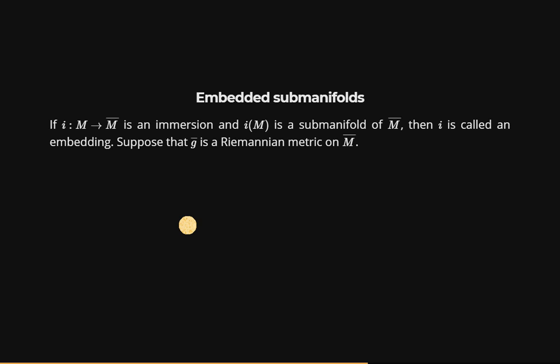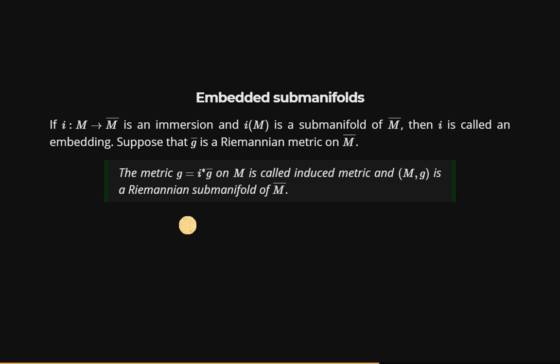Suppose that you have G bar, which is a Riemannian metric on M bar, so the big space has the Riemannian metric. You can pull back via E the global metric restricted to M, and this is called the induced metric.